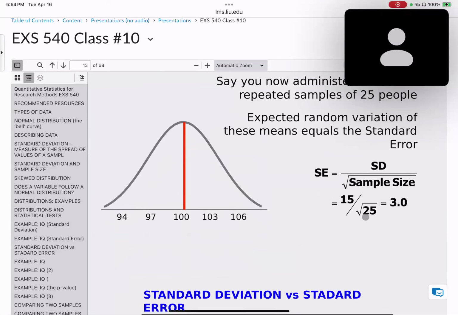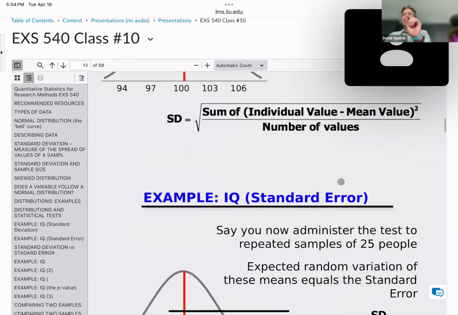So the higher the standard error, the more variation there is between the groups, not within the group. Let's talk about that for a second.